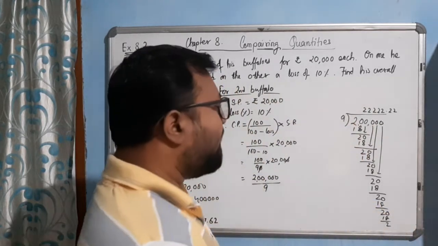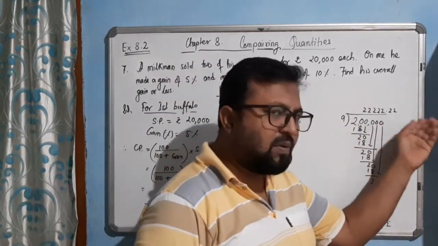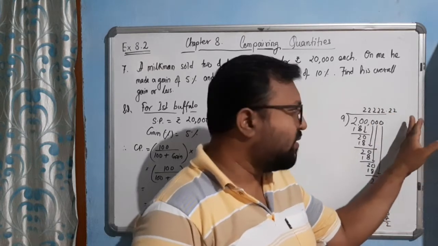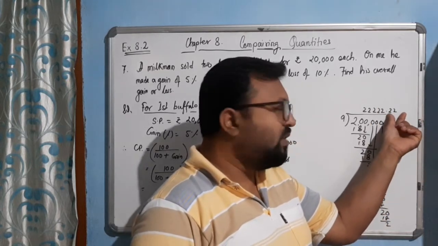In this way you will keep on dividing and keep getting 2. So we will take only 2 digits after decimal.